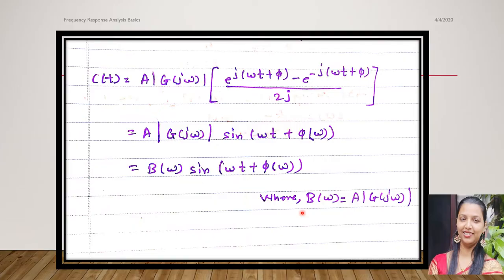Therefore, the steady state response of the system for a sinusoidal input of frequency omega is a sinusoidal output with a magnitude B(omega) and phase shift phi(omega), as shown in the figure.